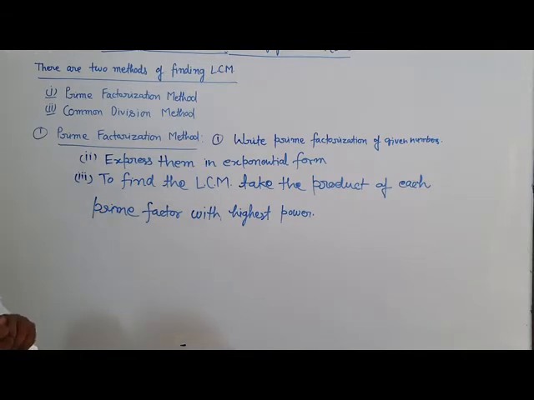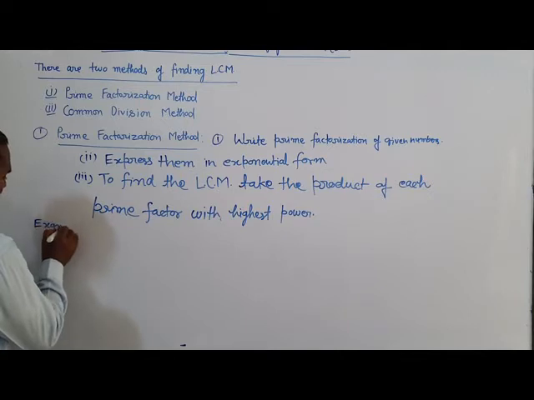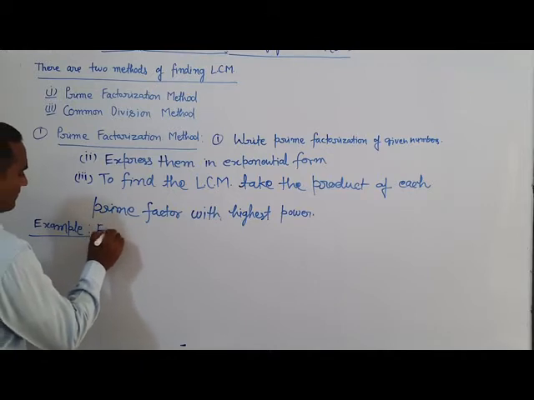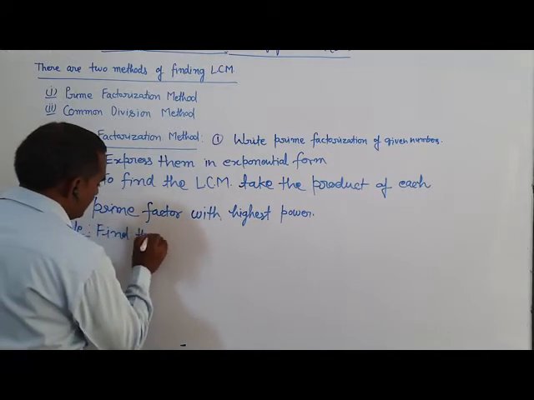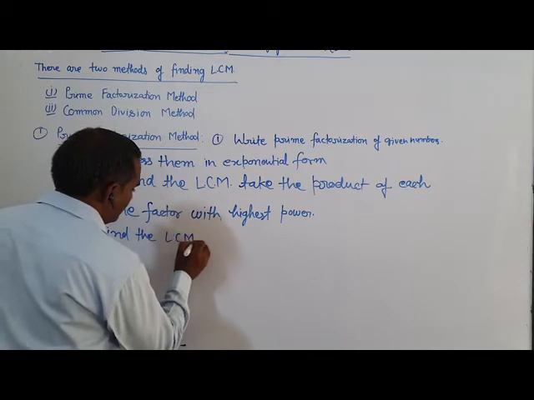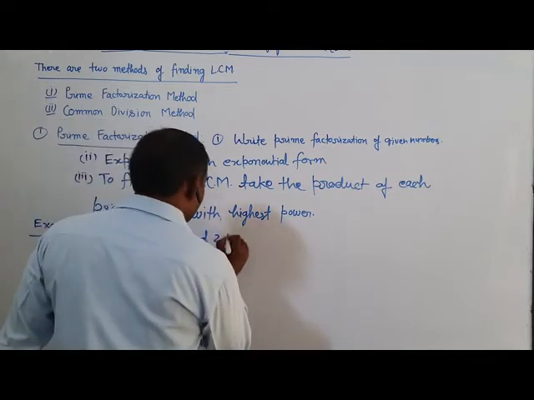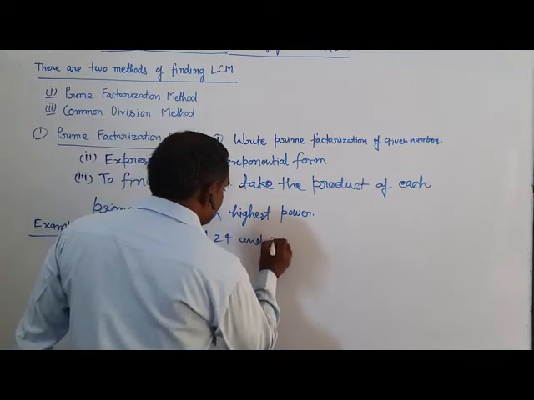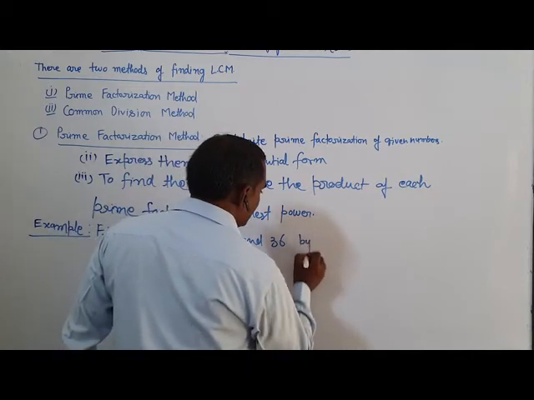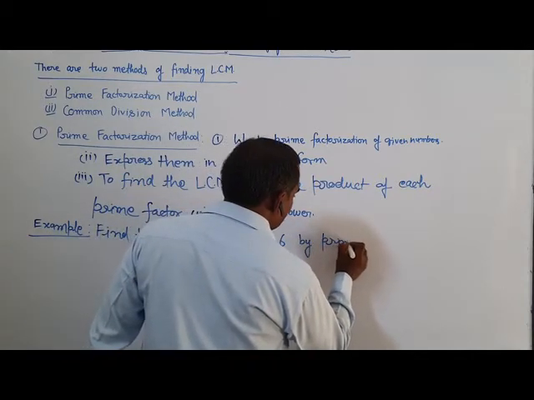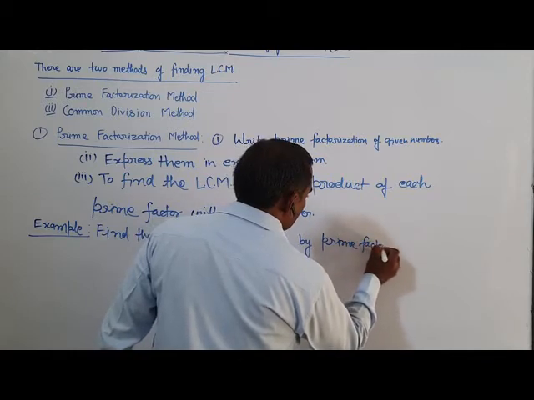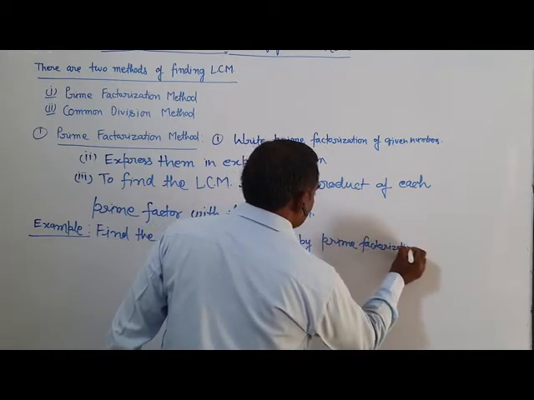So take one example: find the LCM of 24 and 36 by the prime factorization method.